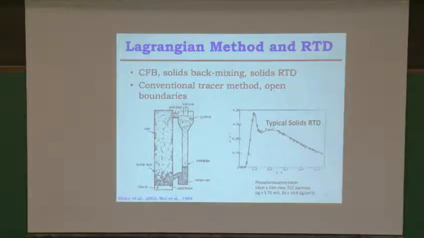In a conventional tracer method, one would introduce a solid tracer someplace over here in the riser section, then monitor the concentration of the particle as it exits the system. Here we might see a typical solids RTD curve, collected with a photoluminescence type of tracer.